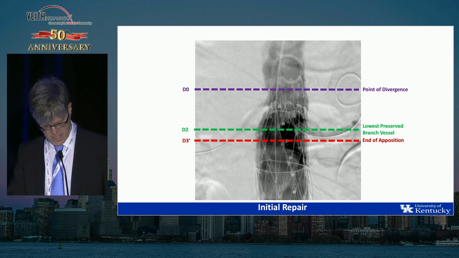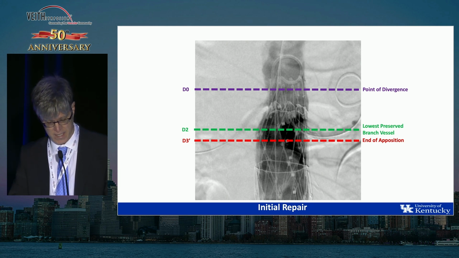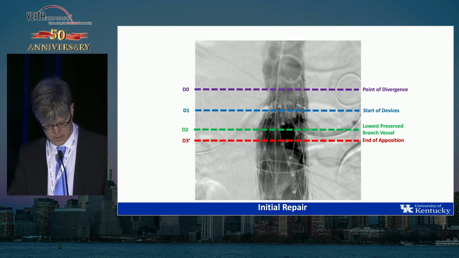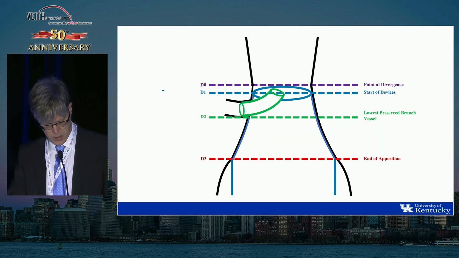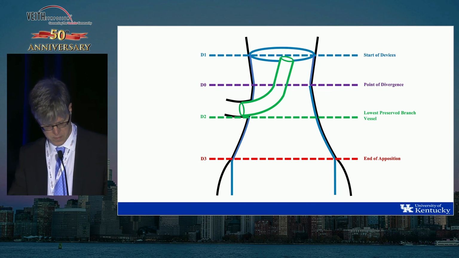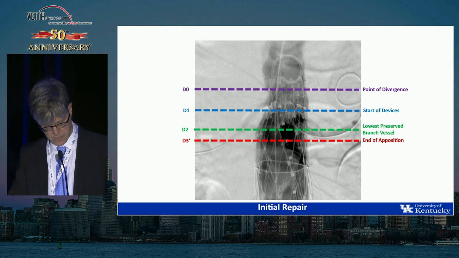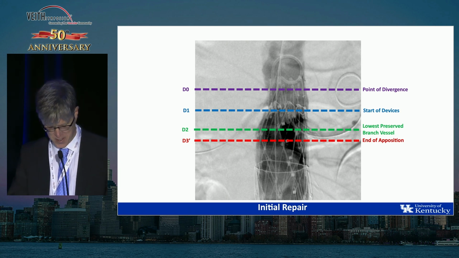But this does bring in an important post-repair variable for consideration. That is the start of the device, which is the fabric line, not the bare stents, and in this case is well distal to the point of divergence. Schematically, the post-deployment subphenotype looked like this, where the goal should be this. In fairness, recognize that this was performed around 6 years ago, so the referring surgeon hadn't heard this talk yet.